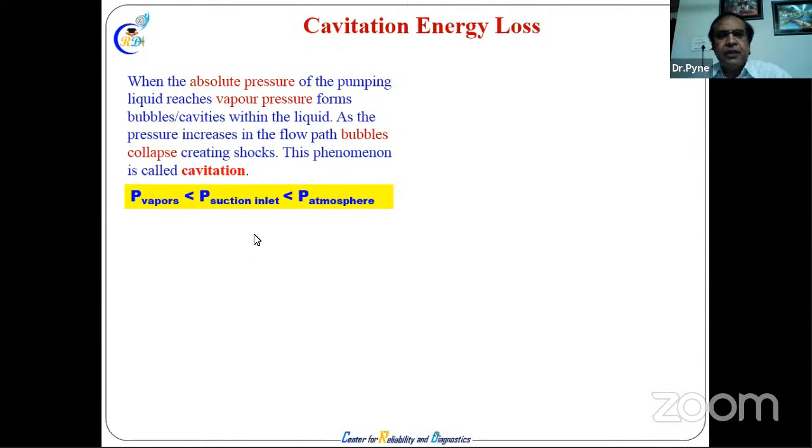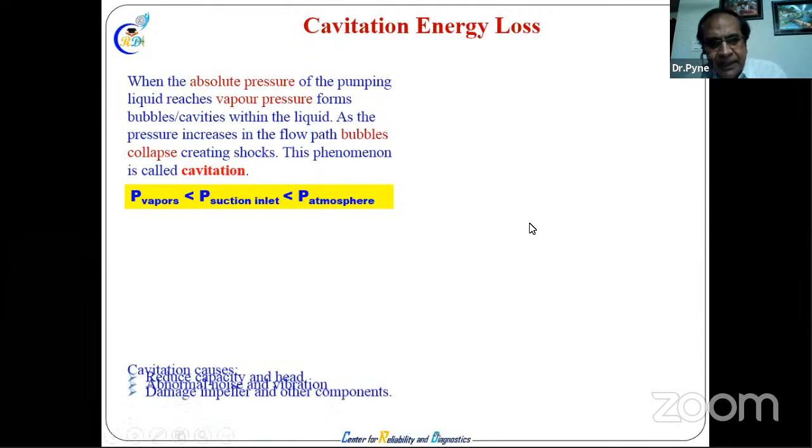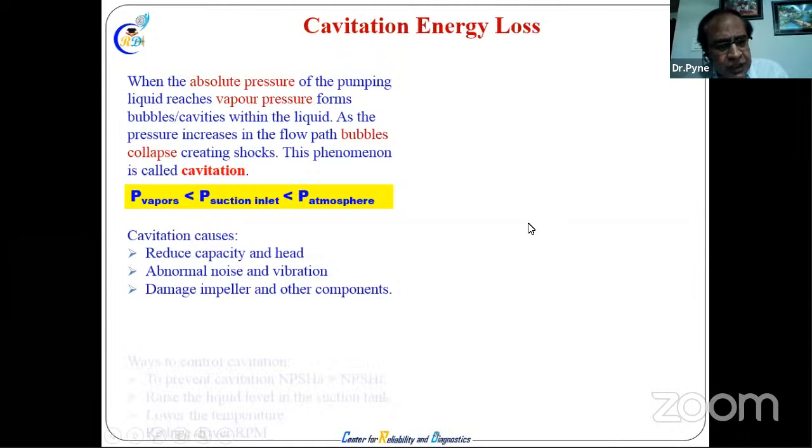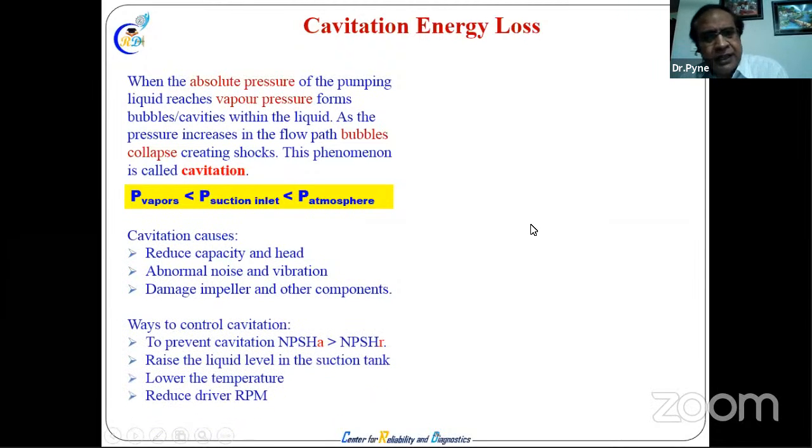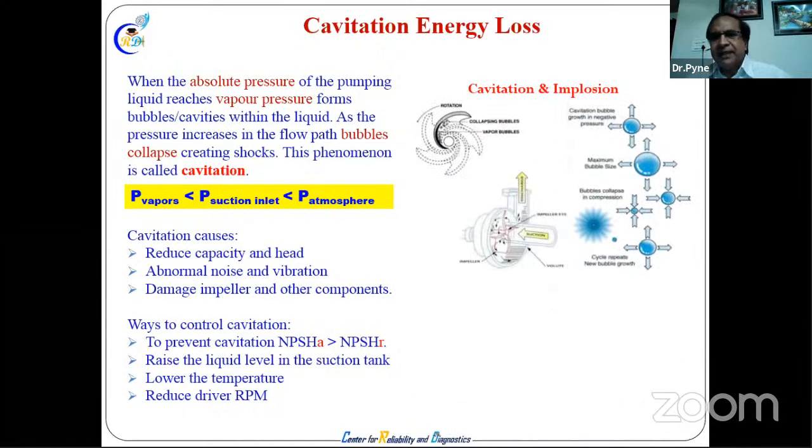See, this is all the definition about cavitation. No cavitation means vapor pressure must be less than suction inlet pressure, and must be less than atmospheric pressure. That is the thing. And these are the different causes. It can damage the entire pump, the internal blades, everything, and the availability should always be higher than the required.